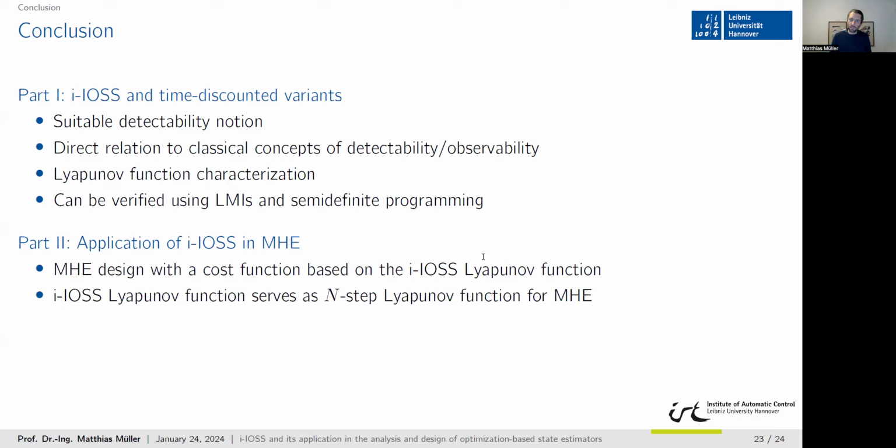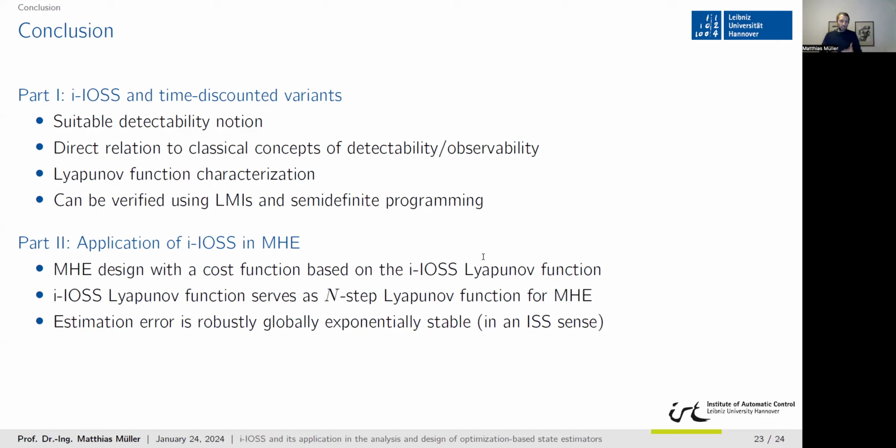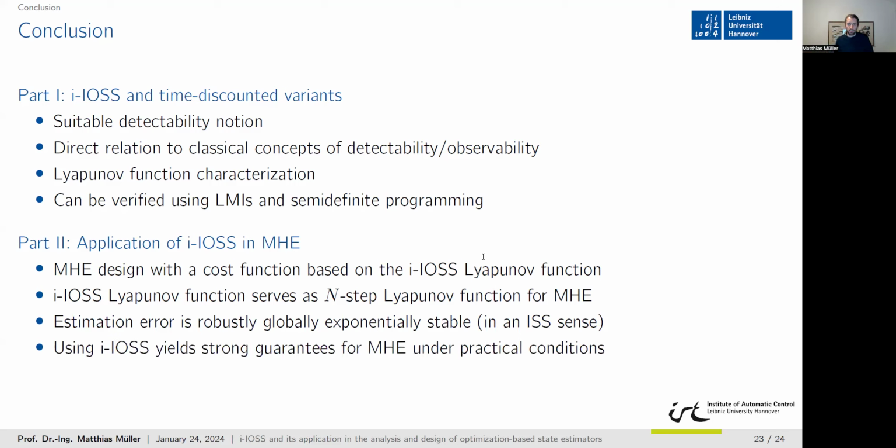And this then serves as an n-step Lyapunov function for the resulting estimator. This allows us to prove that the estimation error is robustly exponentially stable, and also that it yields robustness guarantees under, I would say, practical conditions, in particular not too long, unrealistic horizon lengths that were the case in previous results in literature.